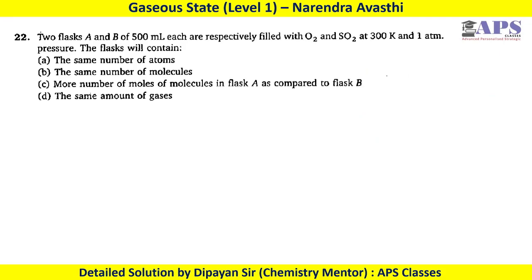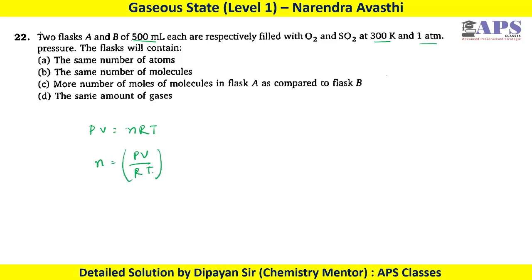Moving forward to question number 22, two flasks A and B of 500 ml each are respectively filled with oxygen and sulfur dioxide at 300 Kelvin and 1 atm pressure. Both of them are same in volume, same in temperature and same in pressure. As we know that PV equal to nRT, and n is nothing but PV by RT.